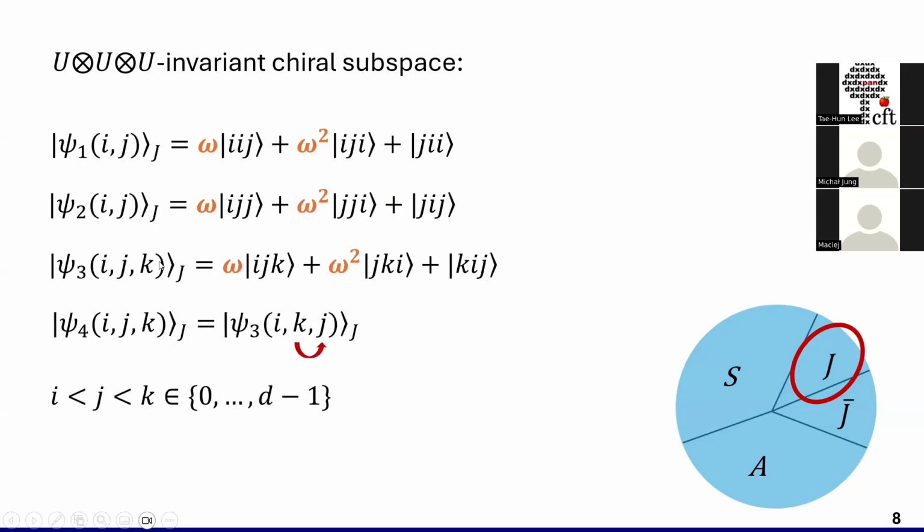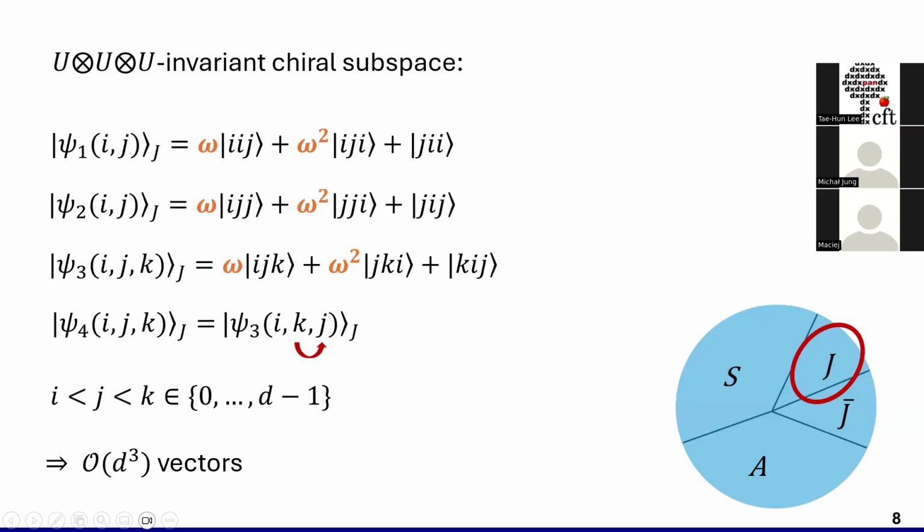The third type depends on 3 indices: omega |ijk> plus omega squared |kij> plus |jki>, so always the cyclic permutations, and here we define that i is smaller than j is smaller than k. And the fourth type has the same form as the third, but we interchange k and j.